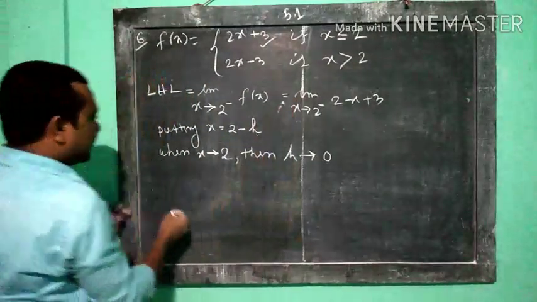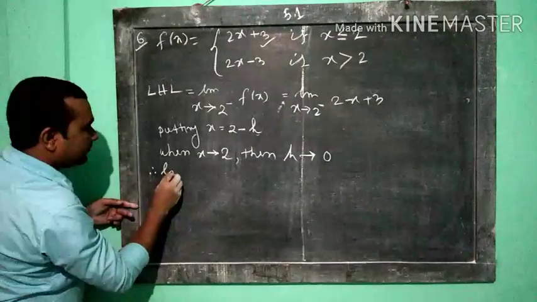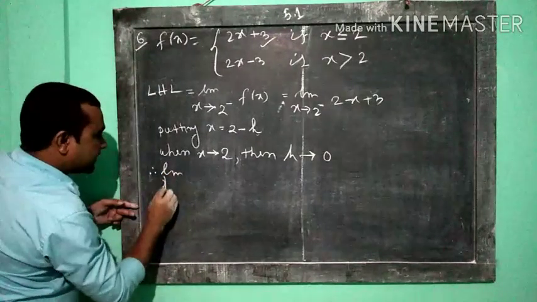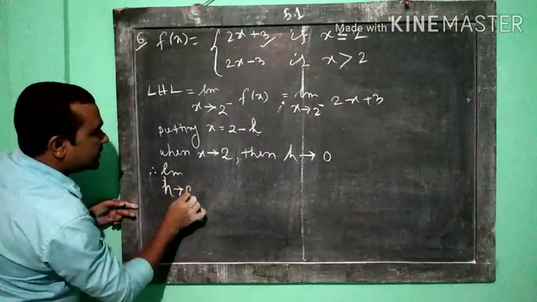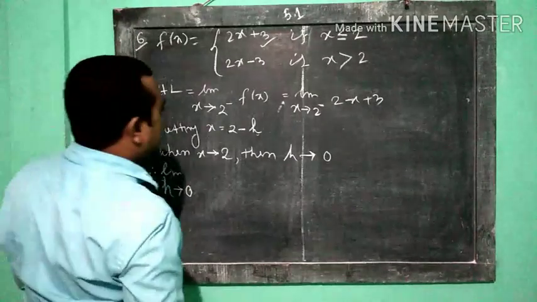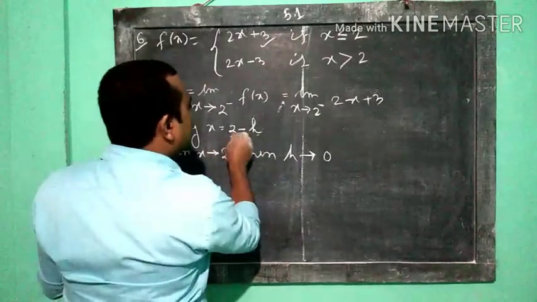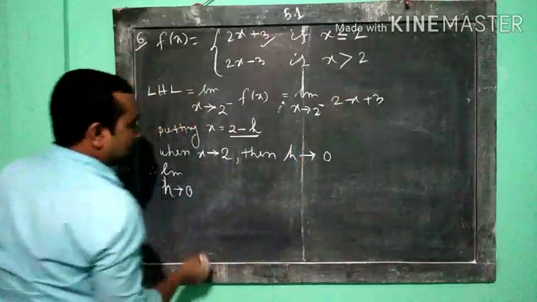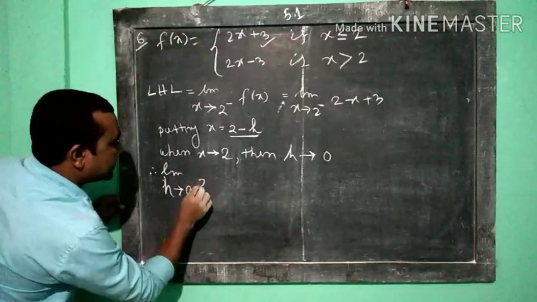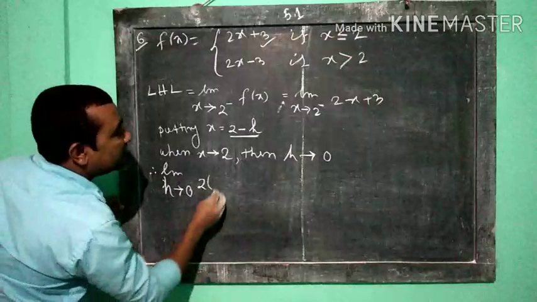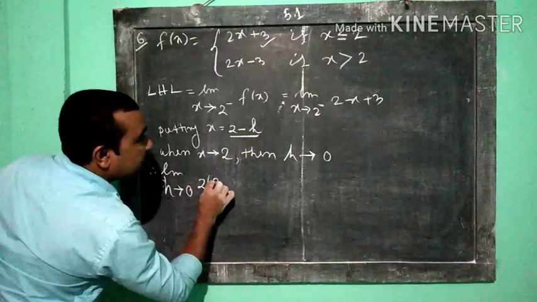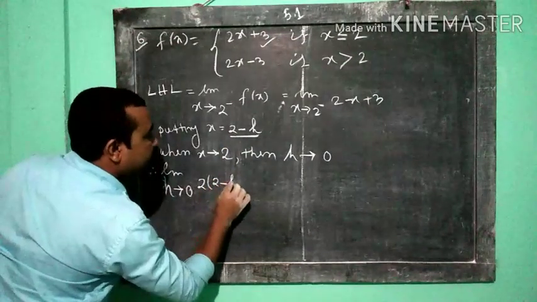Therefore, limit h tends to 0, x is replaced by 2 minus h.